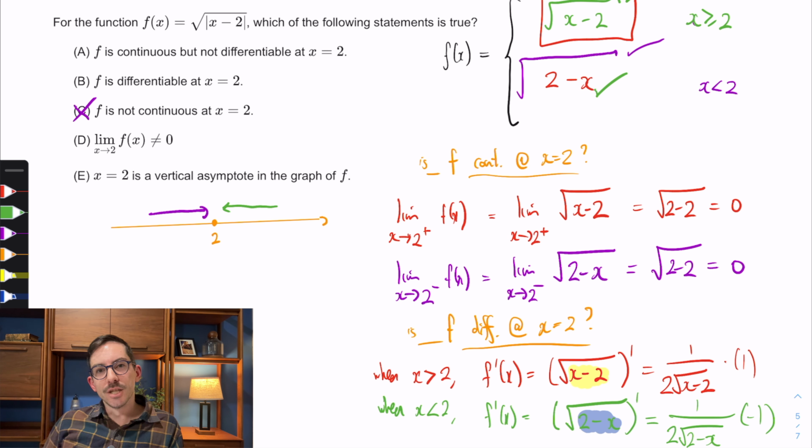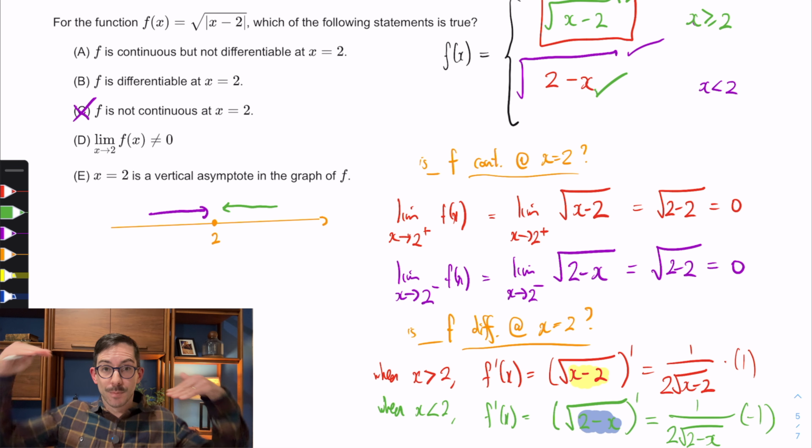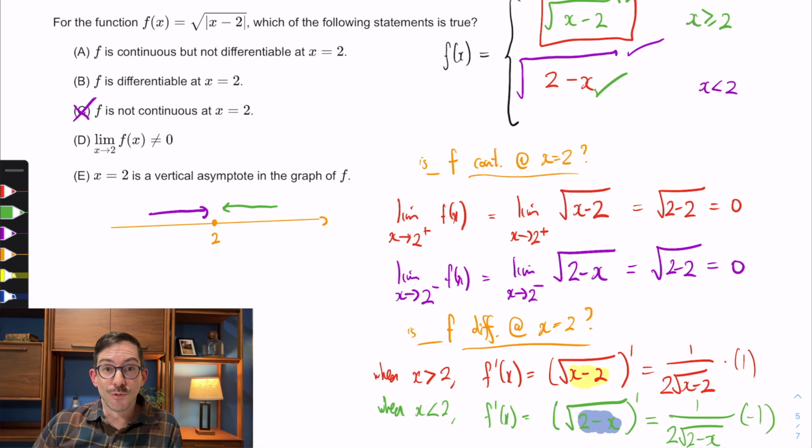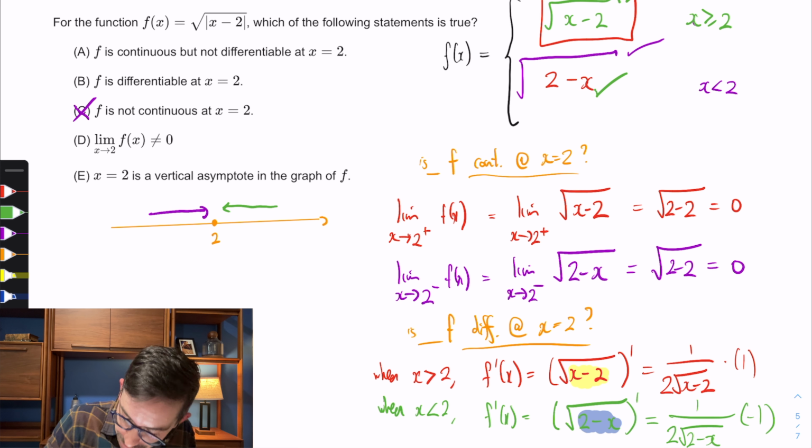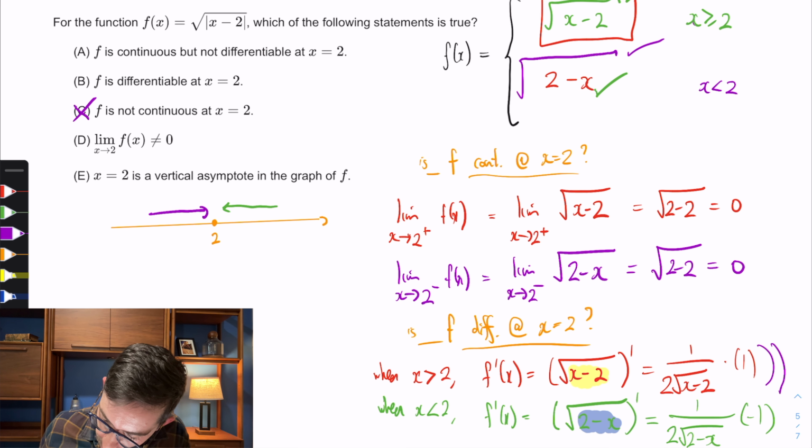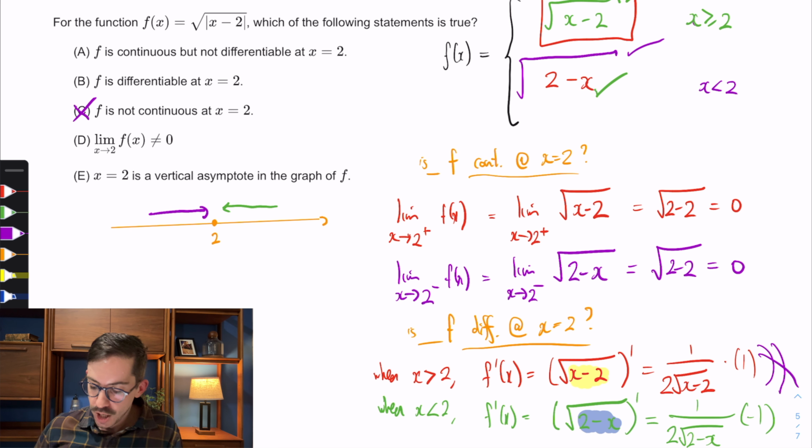So if this function is going to be differentiable at x equals 2, I better get the same answer from the derivative as I approach from the left and the right, the value x equals 2. These two expressions don't look super equal. They might be, but you can see pretty quickly that they're not equal, because the top one is positive. The bottom one is negative.